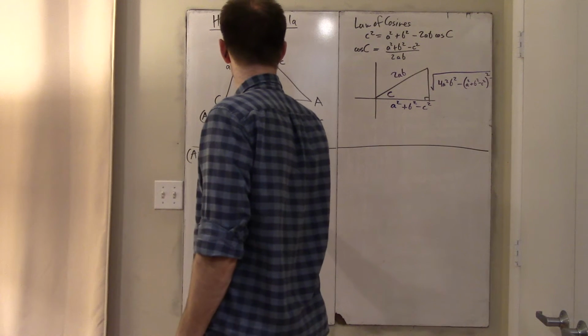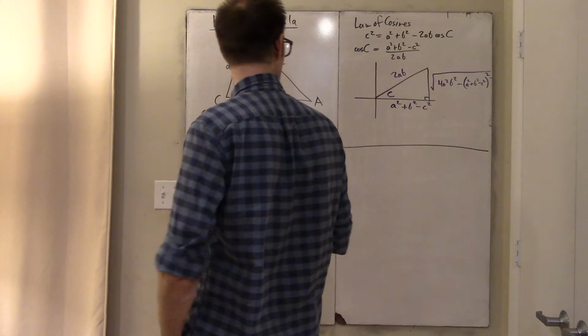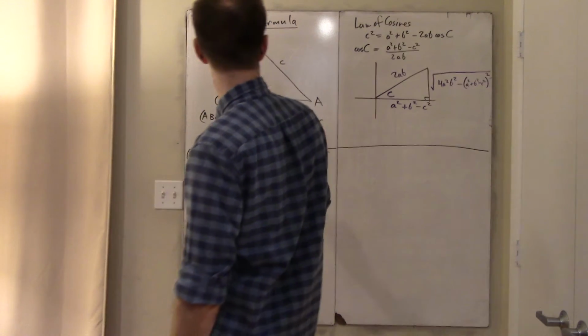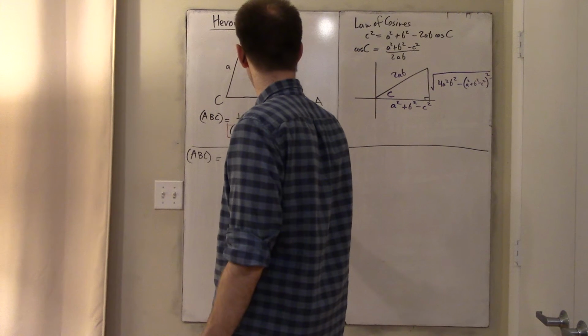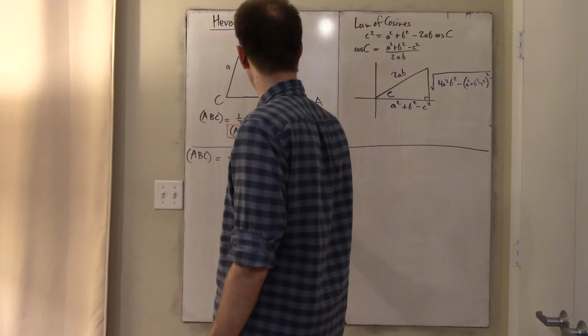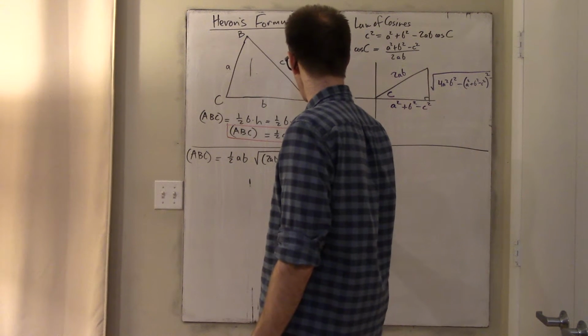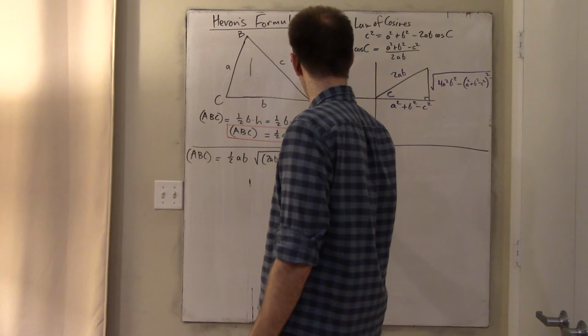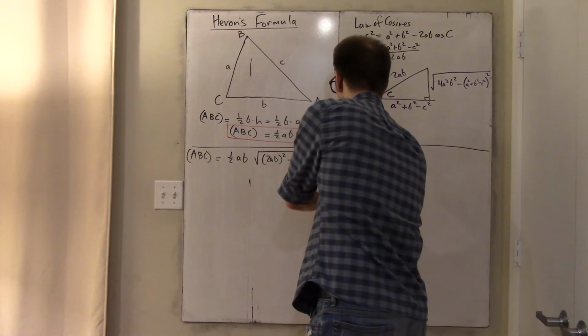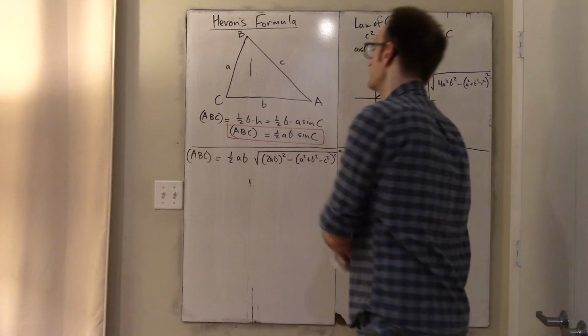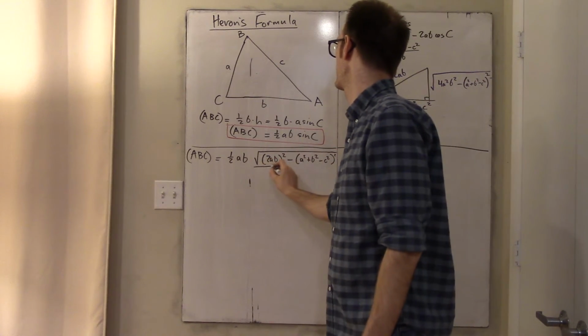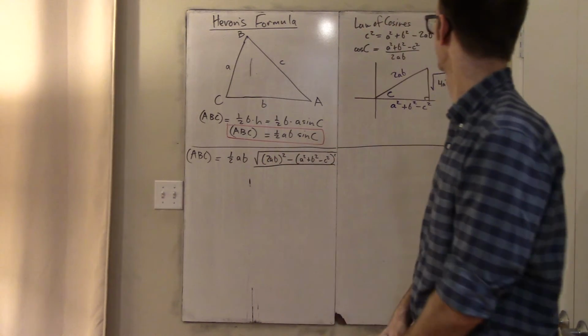And so I get this disgustingly horrible, I'll just write it as the square root of the quantity 2ab squared minus a squared plus b squared minus c squared, squared, that whole giant radical, over 2ab.